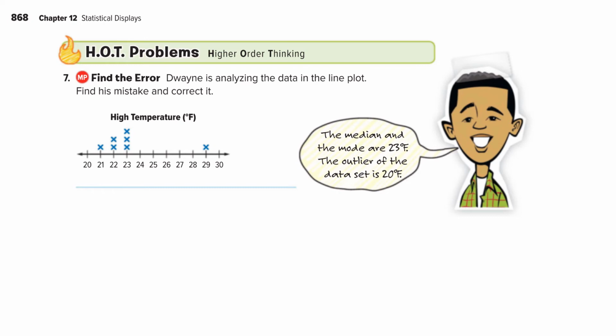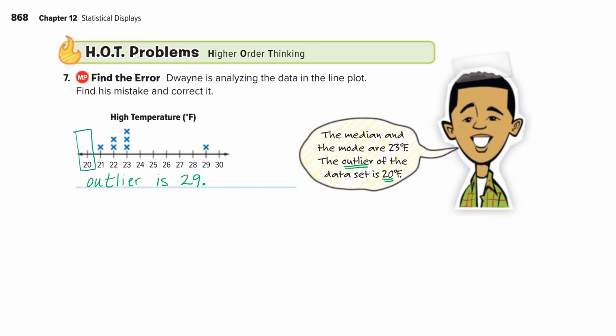Well, right off the bat, I think it's pretty obvious to see that the outlier is not 20 because there's no data value in 20. So he should have said that the outlier is 29.